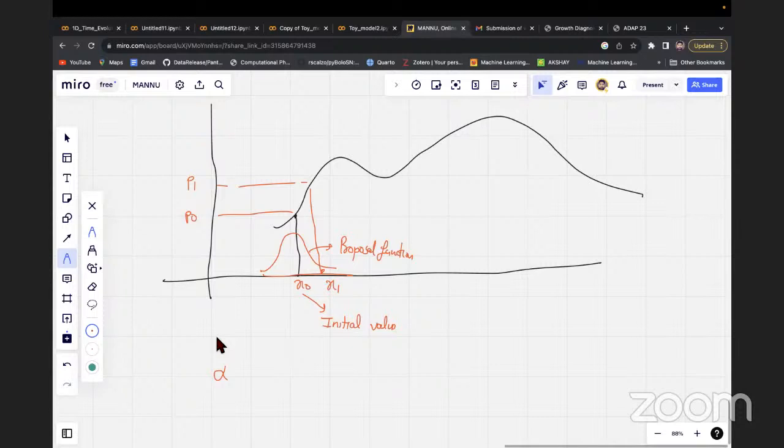So in that case you have to modify your proposal function, but that will depend on the problem. You have to take those decisions. Right now we'll discuss the Gaussian, because you will find its use very prominent in the literature.